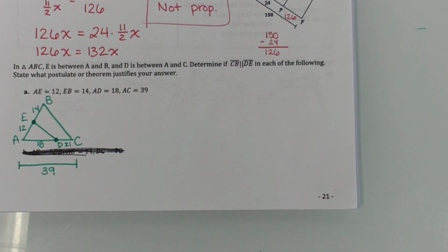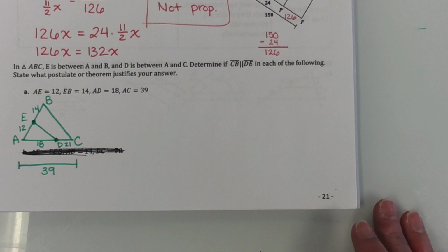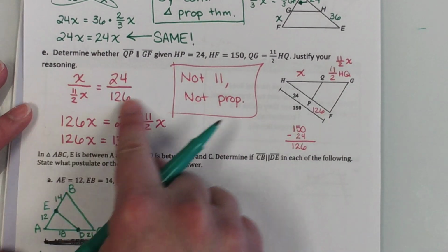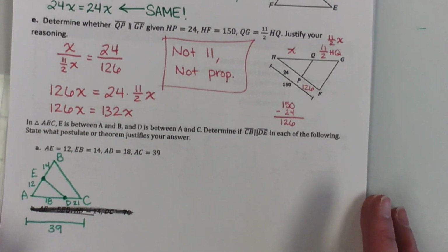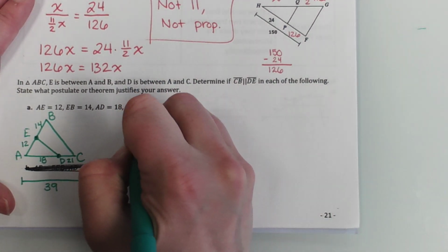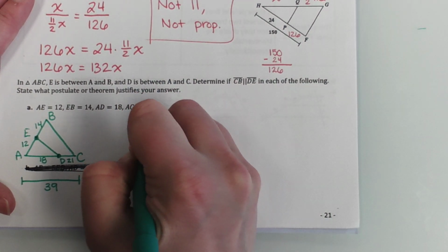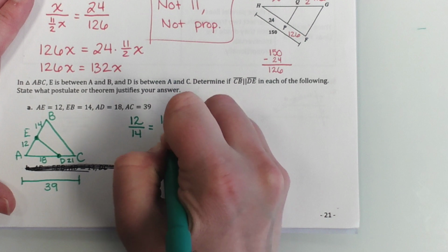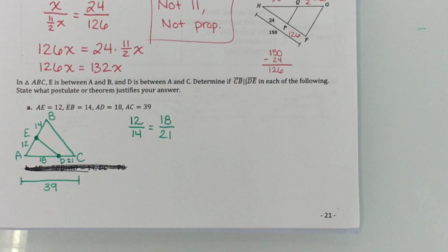Sometimes they're going to ask for parallel, but they're not going to give you anything that involves a variable. If you get a problem like this, you're still going to do this stuff. You're just doing it all with numbers. I start my proportion, I do something like 12 over 14 equals 18 over 21, and I see if that's true.